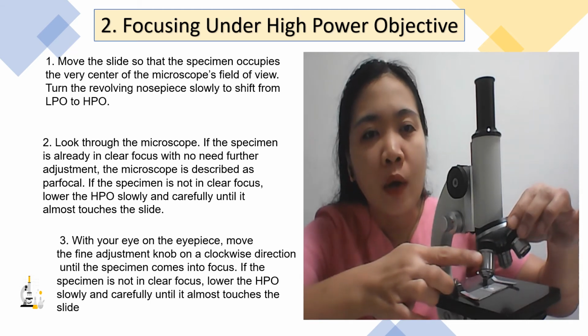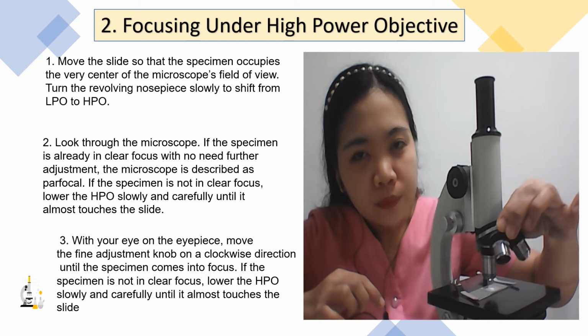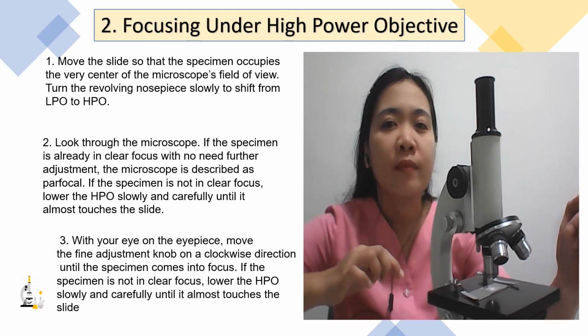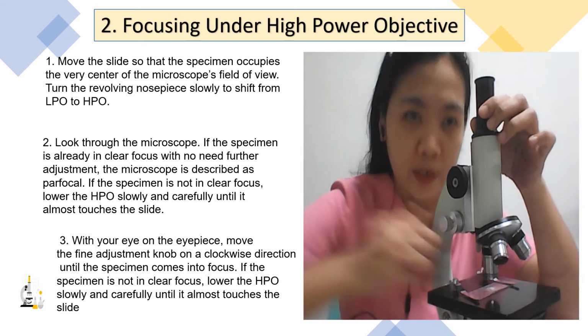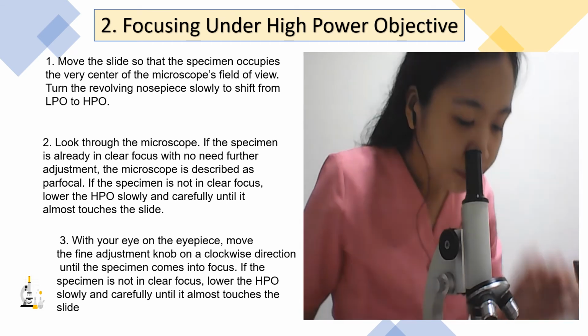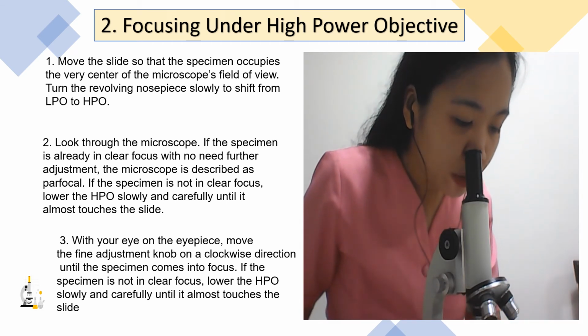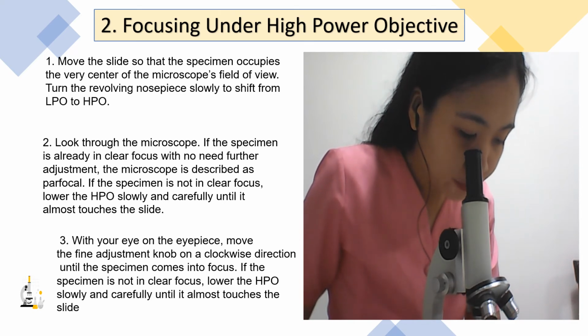So this is our high power objective. That's it. Look through the microscope to see if the specimen is already clear. We need to adjust the mirror again if you want to have enough light.